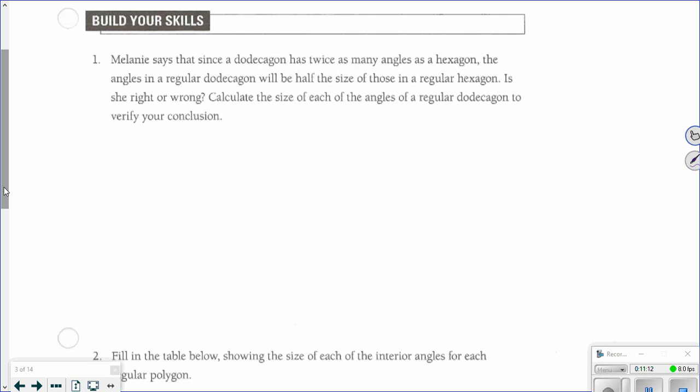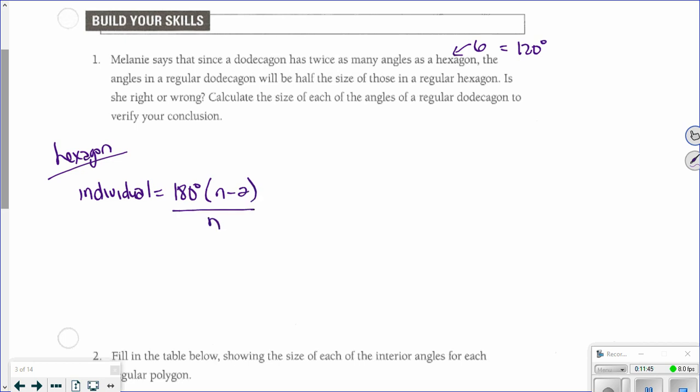So hex means 6. This is the one we just did. We found that the individual angles of a hexagon are equal to 120 degrees. I'll do the calculation one more time just so you can see it. Hexagon, individual angles is 180 degrees times n minus 2 all divided by n.